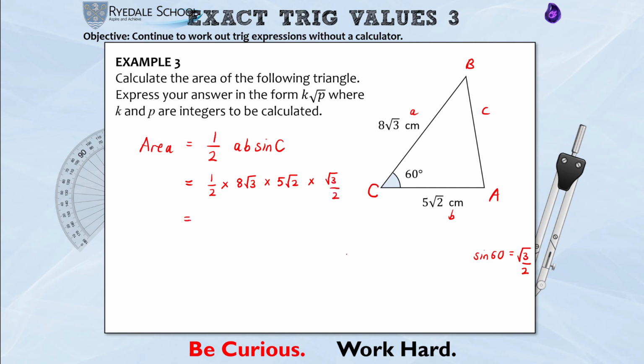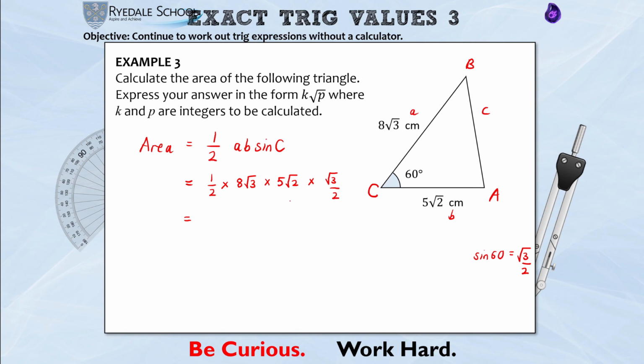Now that doesn't look particularly nice, but you'll see there's a lot of simplifying that can be done. So ignore the surd parts for a minute and let's look at the whole number parts. We have an 8 times 5. Well, that's 40. Then we need to do a half of it. So that's 20. And then we need to do half of it again.